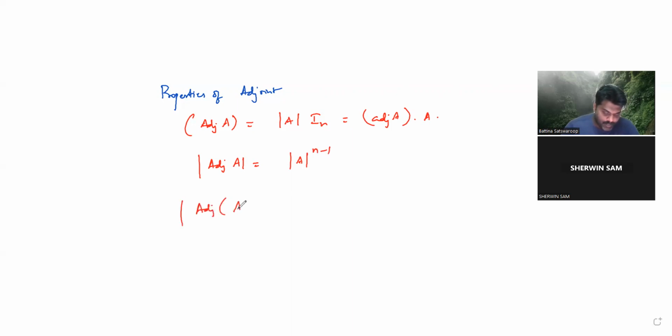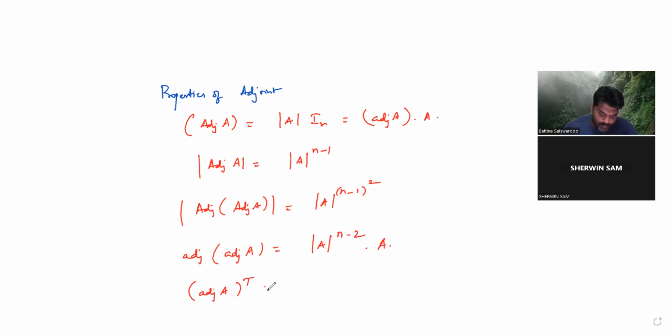Then adjoint of adjoint of A is equals to determinant of A power n minus 2 into A.